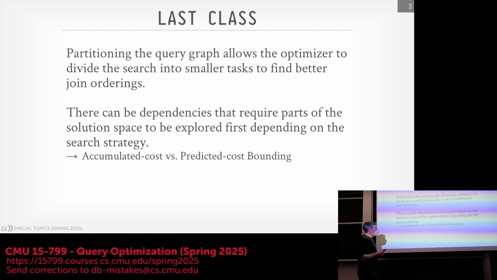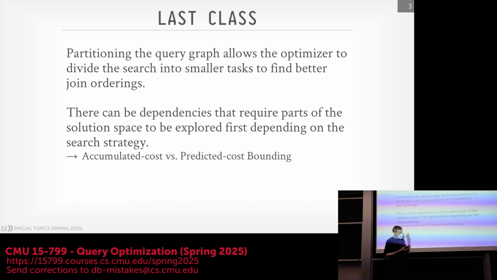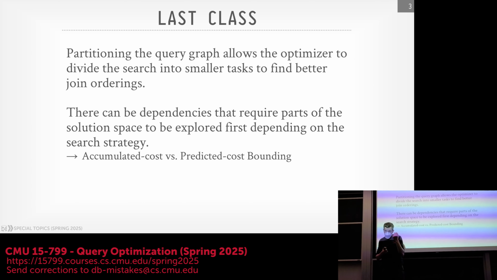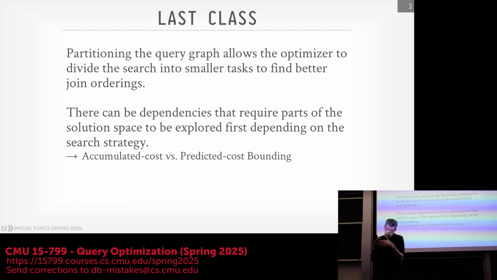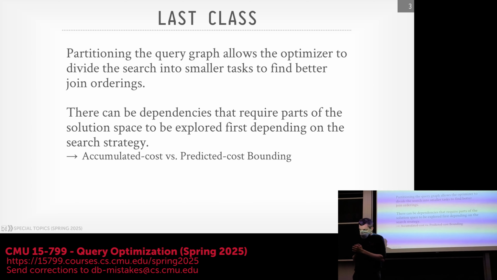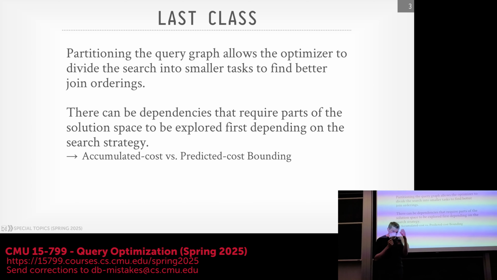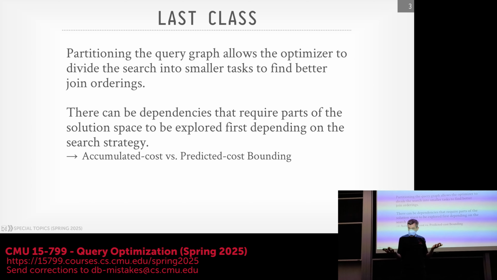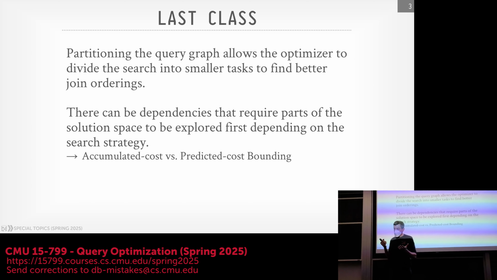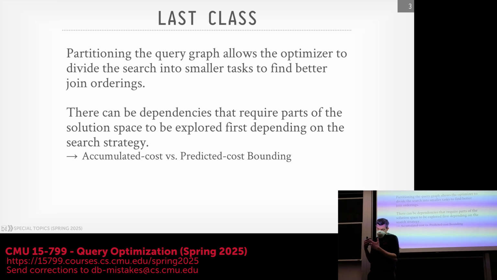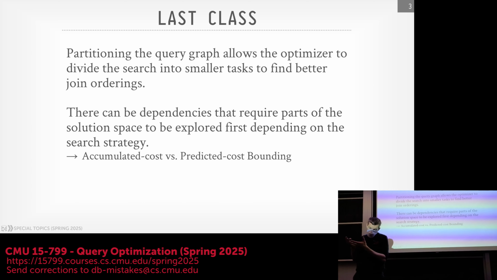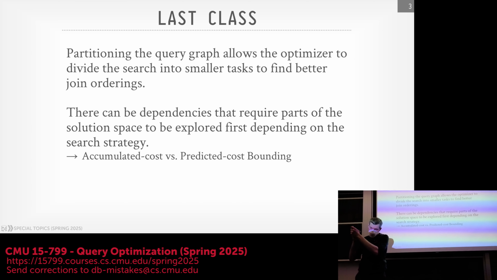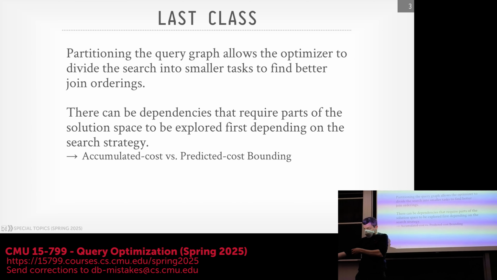As I said, the challenge is that there are dependencies between different parts of the solution space within the join graph that we're trying to enumerate, where we have to do some part first before we can start exploring other parts of the tree. Meaning we have to know the answer for some part of the join graph before we can look further down the tree at the other parts.